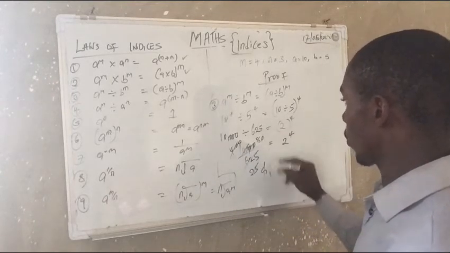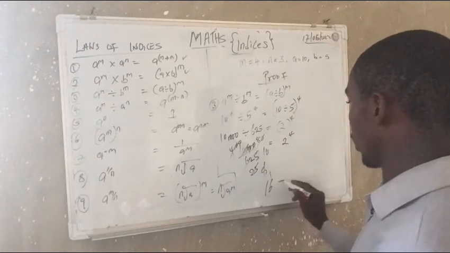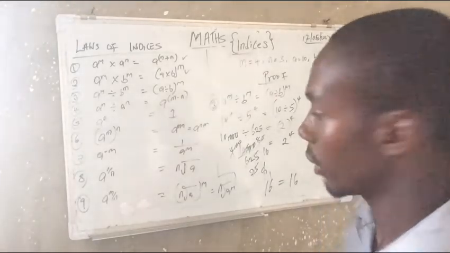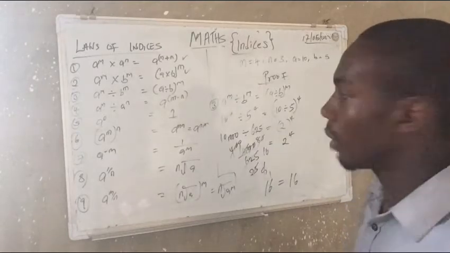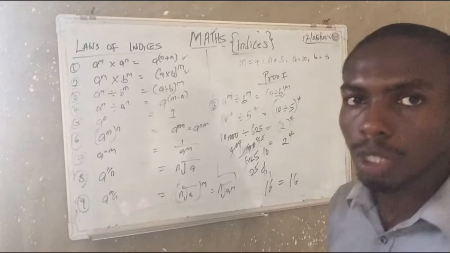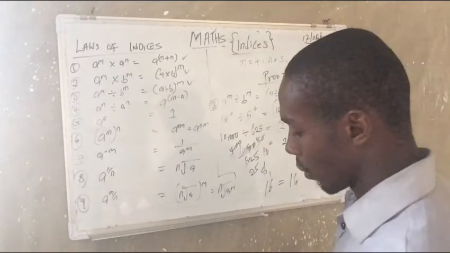So 1 6, it gives 16. So actually 16 is equal to 2 raised to the power 4, which is 16. Having seen that, a raised to the power m divided by b raised to the power m is equal to a divided by b, all raised to the power m. So they are the same thing. It is proven.